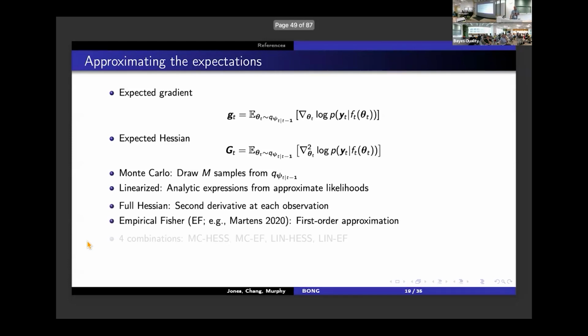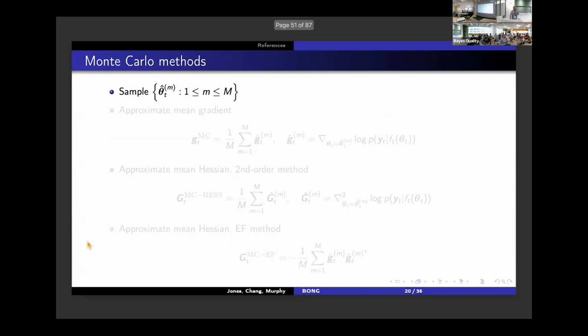In conjunction with both of these, we can use either second order methods or first order methods, where we compute the second derivative of the full Hessian at each observation, or we can use the empirical Fisher, the outer product of first order gradients. And that leads to 4 combinations of means for approximating these lower case g and capital G, the expected gradient and Hessian.